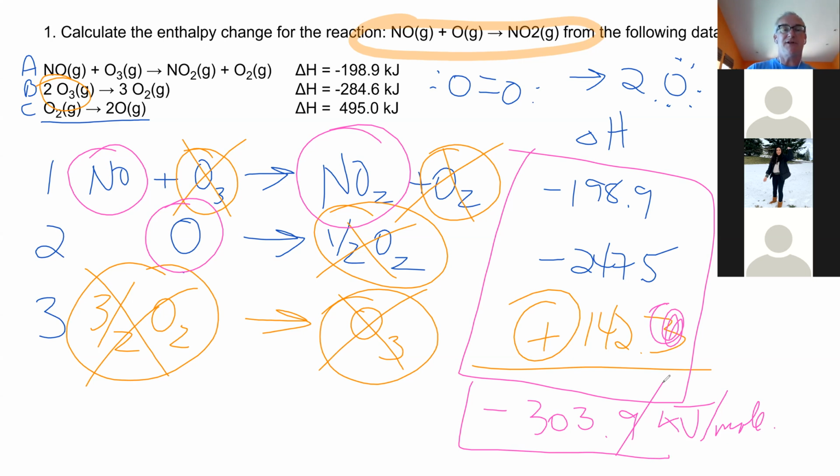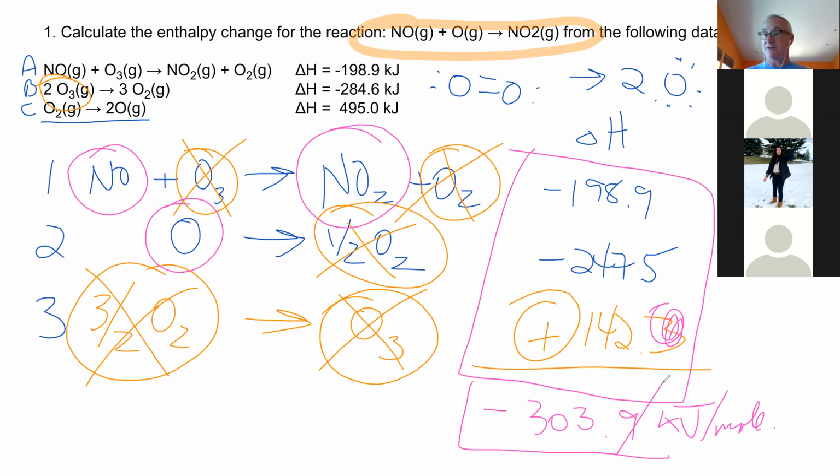And so a lot of times you're going to see things like that reaction C. The only reason that's there is so we can balance our ozone, or whatever it is we need to balance on one side and the other.